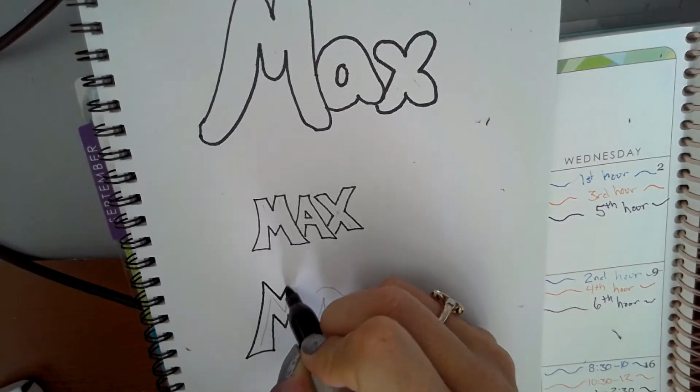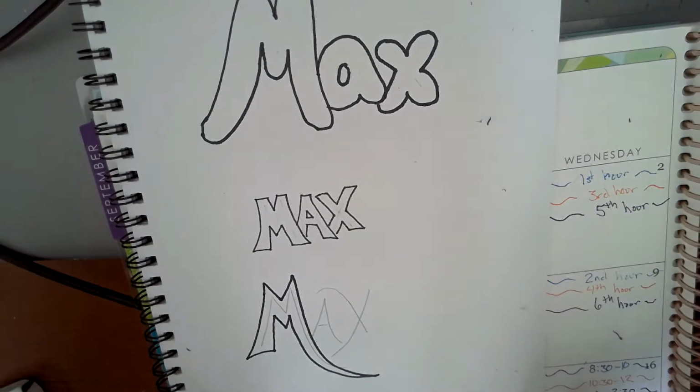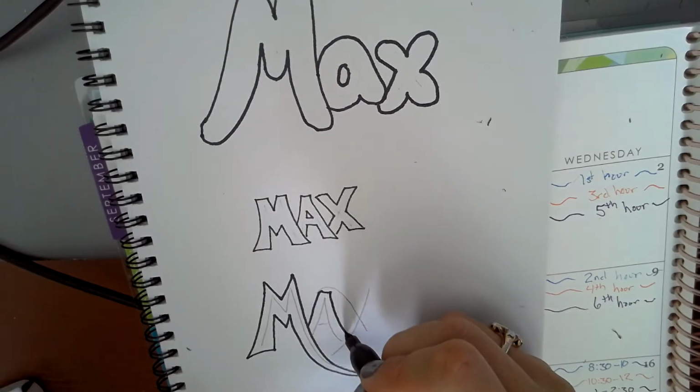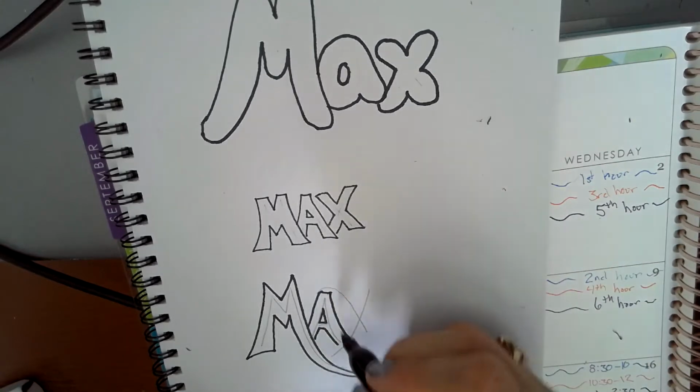So there we go. And you could do this any way you like. I'm just kind of going with the flow and seeing what this looks like. I haven't done it before.